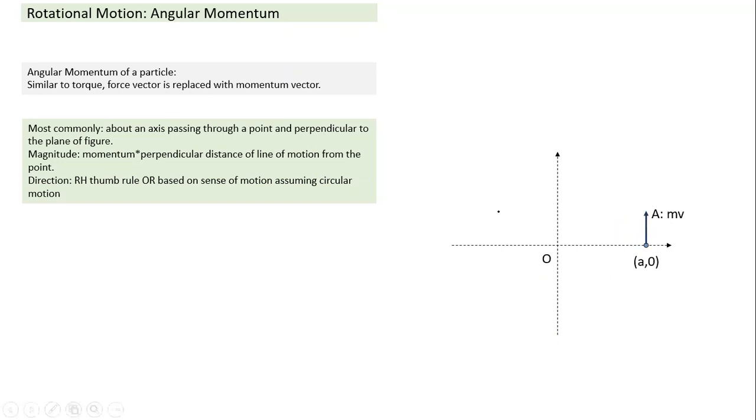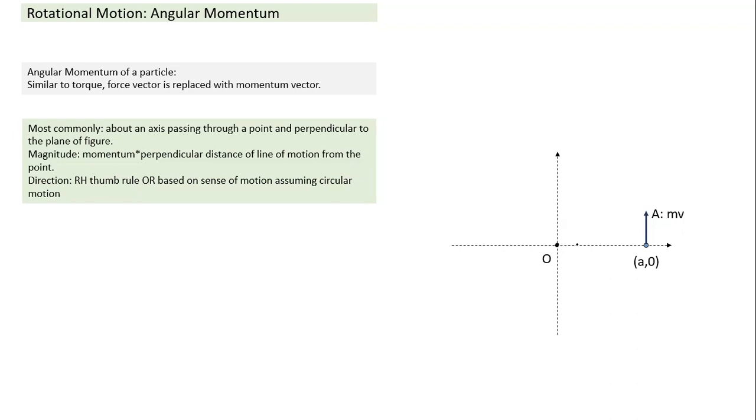Let's see here. This is my coordinate system, typical x and y. There's a particle A at a certain position, and that's the coordinate of the particle. It's moving along the y-axis. Its momentum is mv. What is the angular momentum about O?